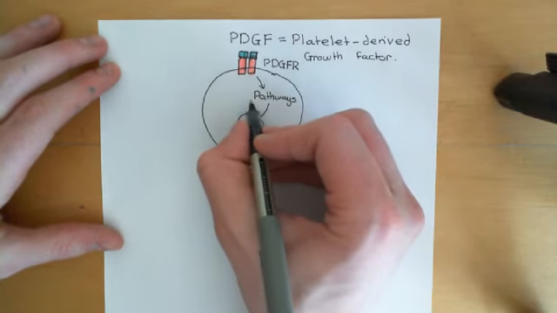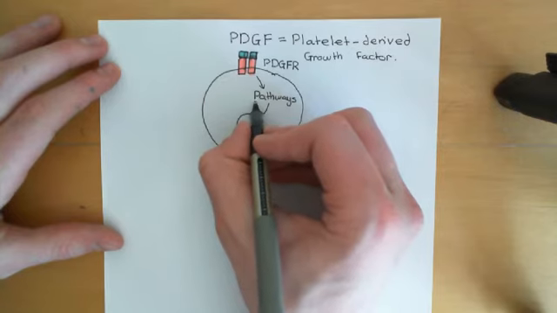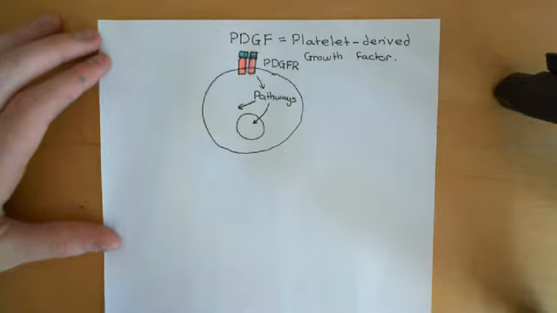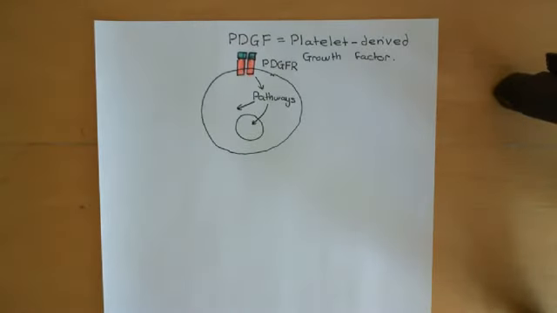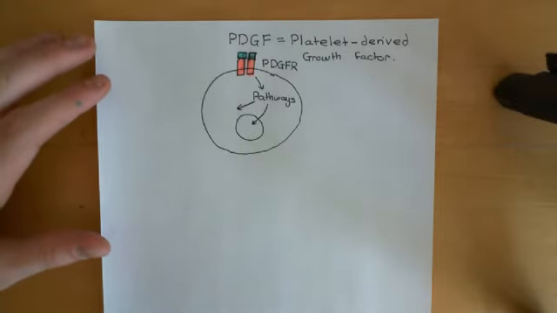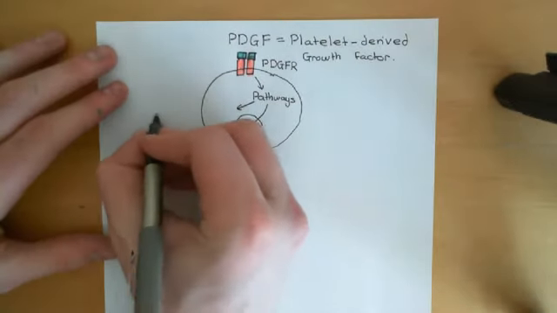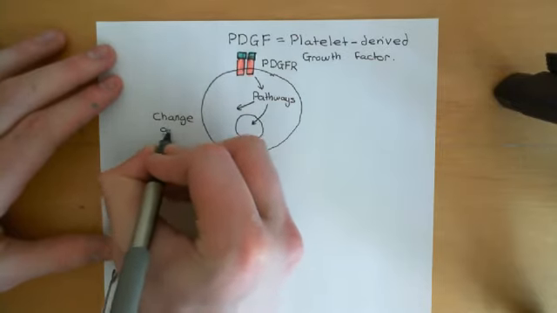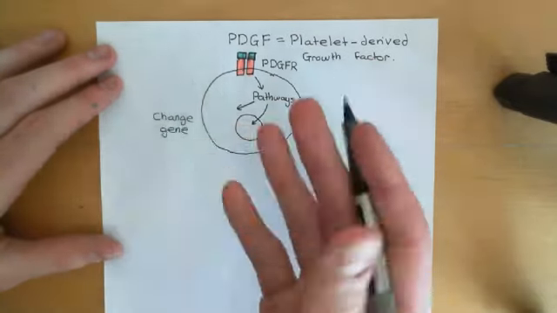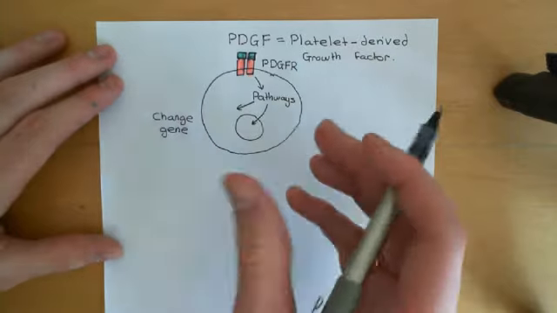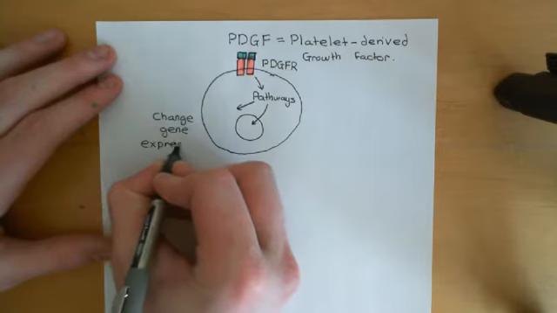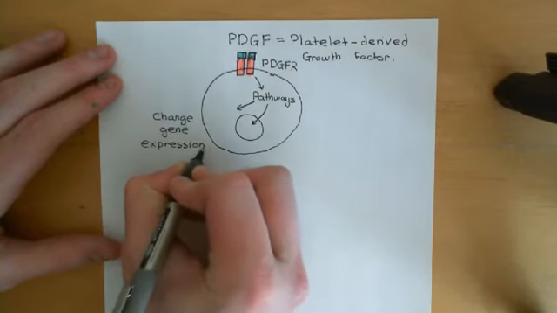Other pathways culminate by interfering with ribosomes, so interfering with translation. Specifically, the PI3 kinase-AKT-mTOR pathway interferes with translation. But the idea is these pathways change gene expression, and this is how you move from having a cell that's not dividing to having a cell that's beginning to divide, so moving from G0 to G1.